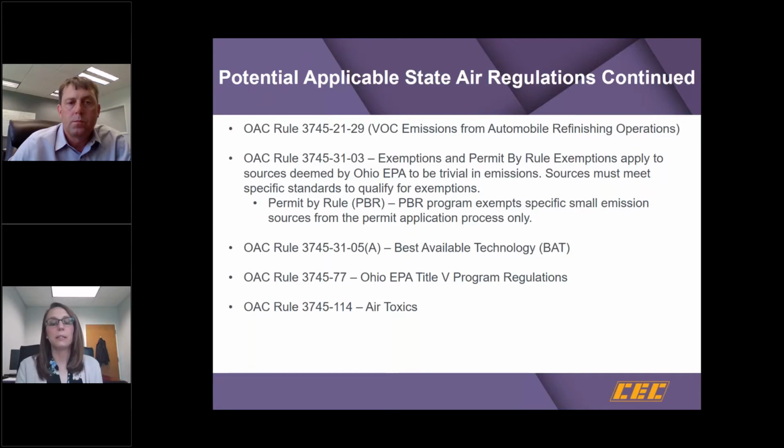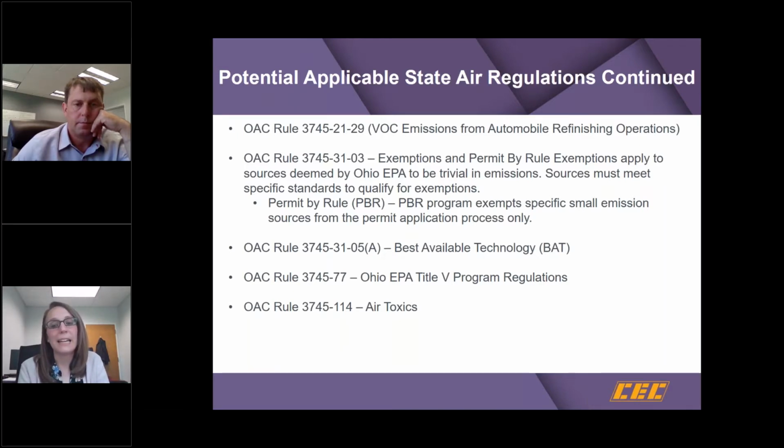3745-3103 is a little bit of a confusing rule. This has those small source exemptions that Jim had talked about in the beginning of our presentation, but it also contains the permit by rule regulations. It can get a little confusing when it comes to the permit by rule, because permit by rules are actually a permit.